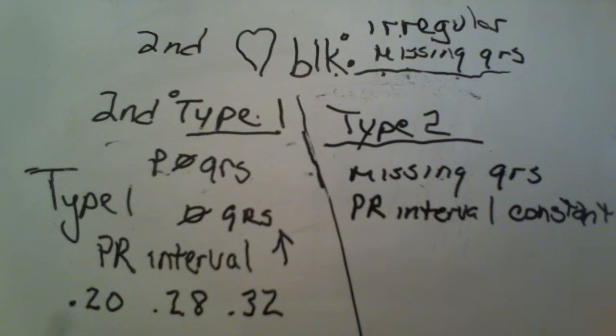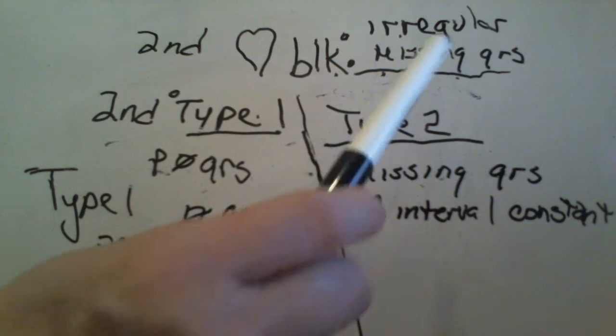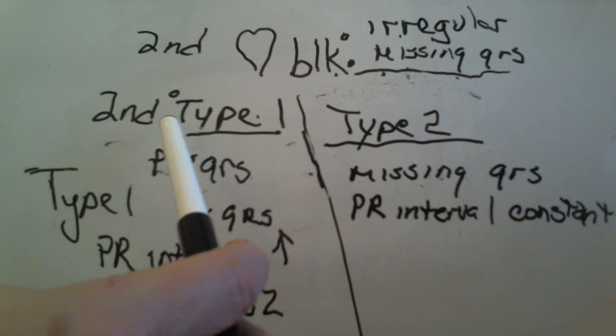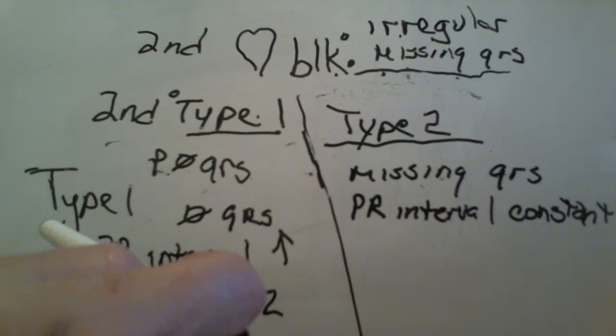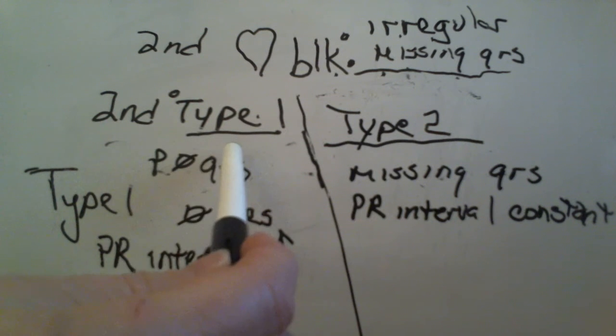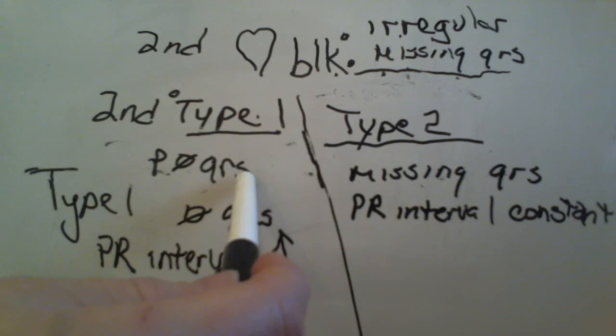Second degree heart block or AV block is irregular. You're missing QRSs. So if you're missing QRSs, you want to think second degree block. Second degree type 1, you're missing QRSs.